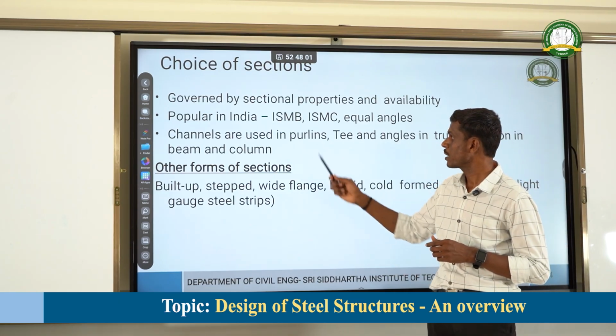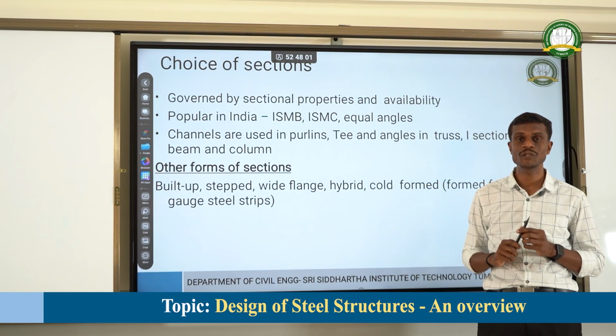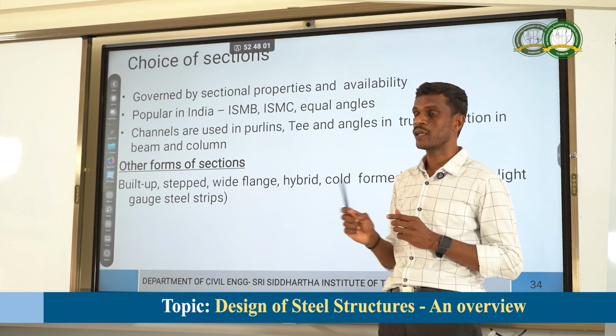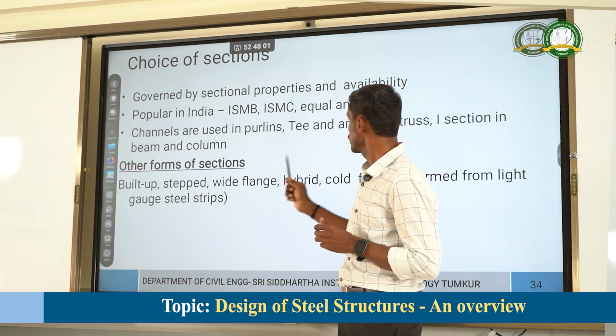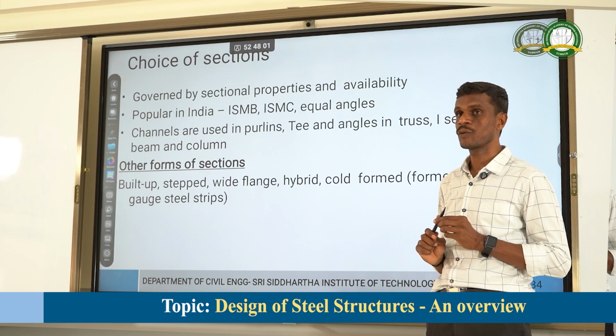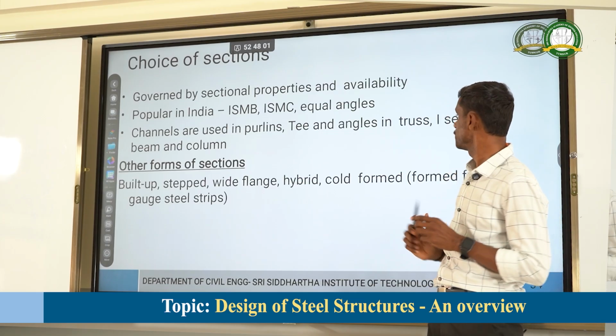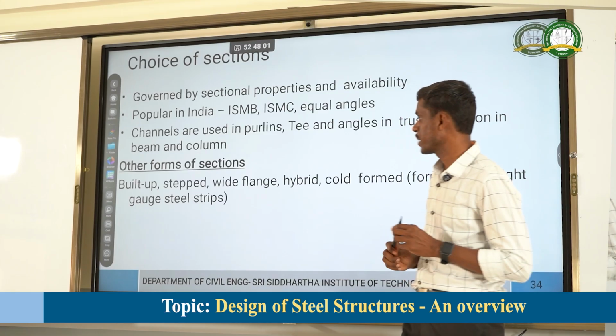So channels are used in purlins. Purlins are the horizontal members which are usually provided in roof trusses. From one roof truss to another we are going to provide connection through the purlins, and T and angles in truss, and I sections. Usually we are going to provide I sections and T sections for beam and column connections.